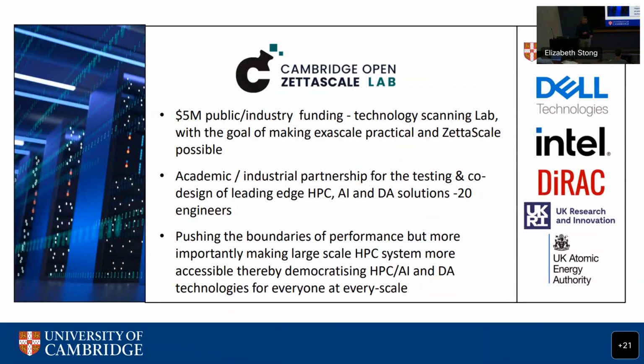So on the left of that slide, sorry, on your right, my left of that slide, those are the people who are involved in the Zettascale lab. So Dell and Intel providing a lot of the hardware, and Dirac, as I mentioned, that's the astrophysics, theoretical physics community. UKRI are the large funding agency in the UK, and UK AEA are the civilian atomic agency.